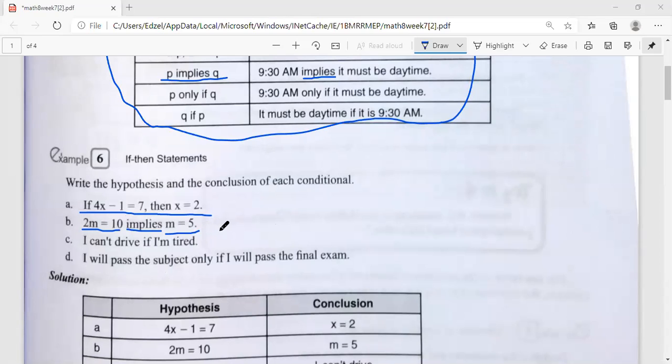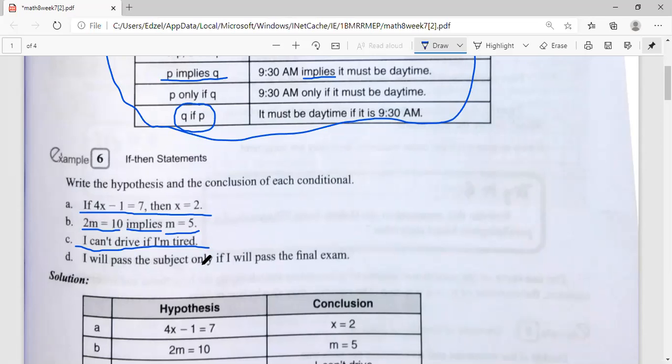And then let's try letter C. Statement: I can't drive if I'm tired. So what would be our hypothesis in this statement? We will follow the general form: Q if P. So Q here is I can't drive.